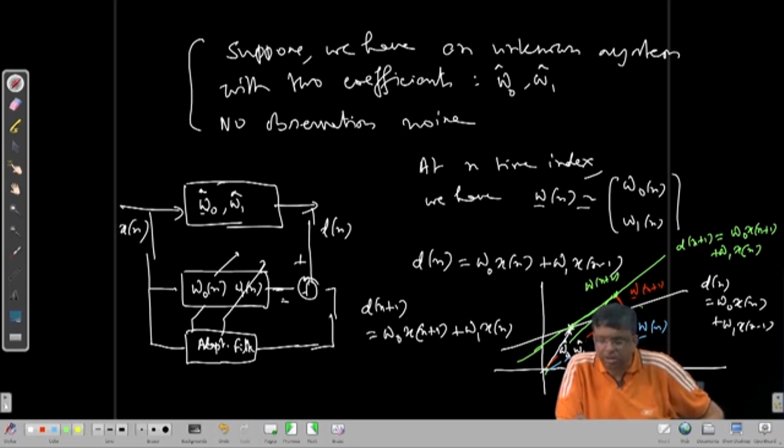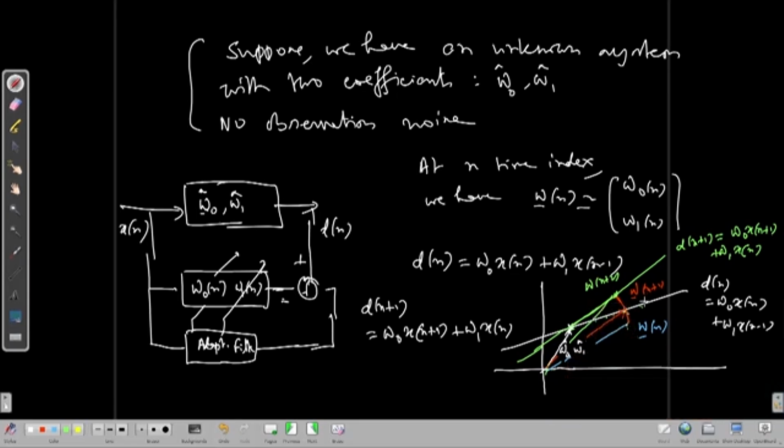Therefore, to identify this particular point, which will be the Wn plus 1 vector, I should look for a point on this straight line from which the distance with Wn, that is this distance, has minimum length. Length means norm square in a general sense, in an n-dimensional sense.